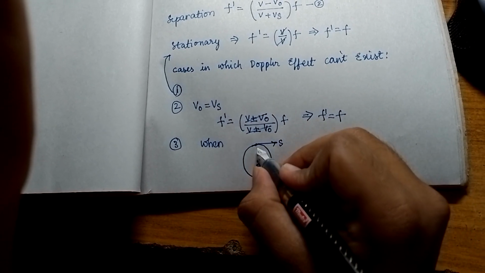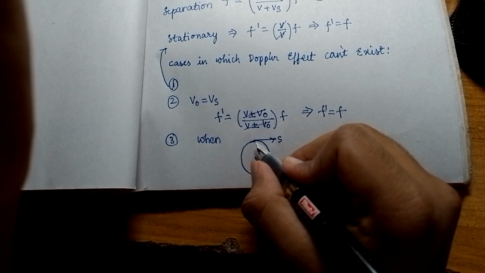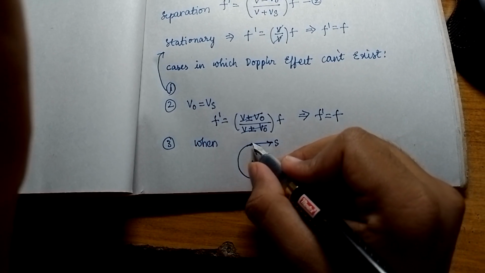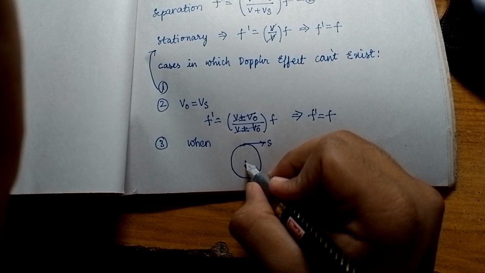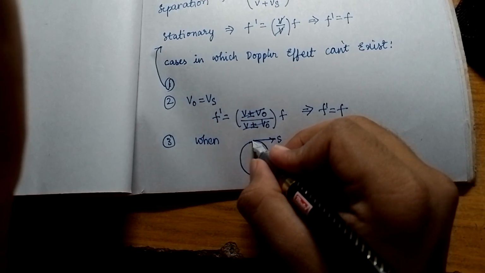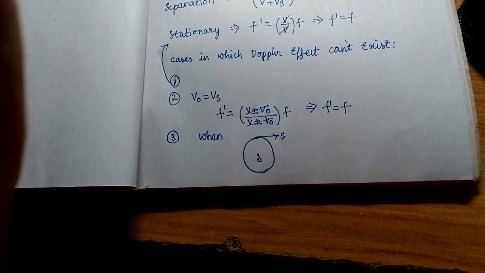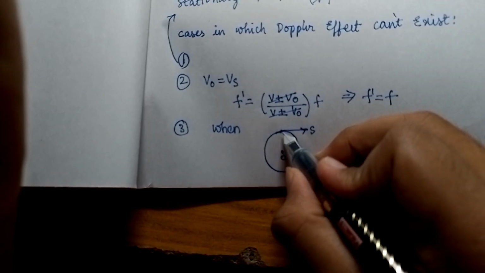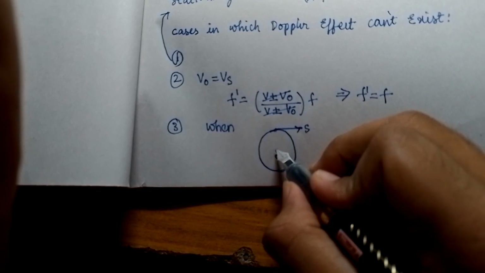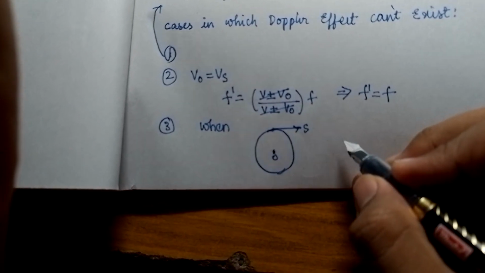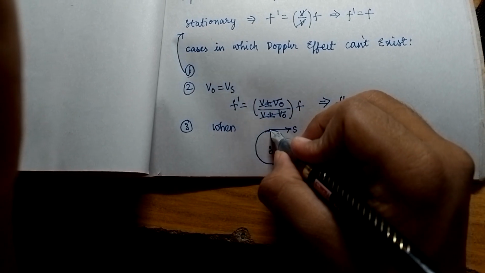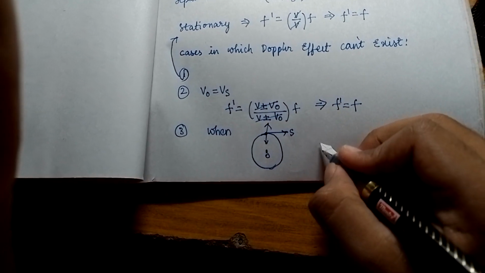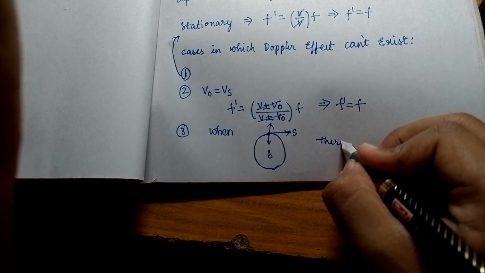When the source is moving tangentially, or the locus of the source is a circle, then there is no Doppler effect, because the velocity is always in the direction tangential to the center. So you're not going to get any velocity along the line toward the observer. So there is no Doppler effect.